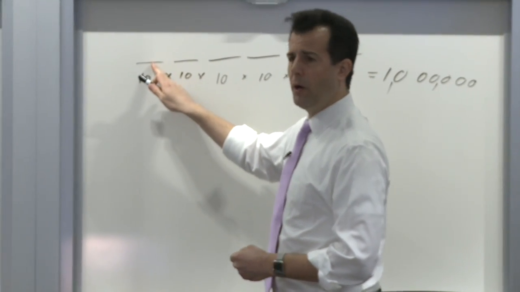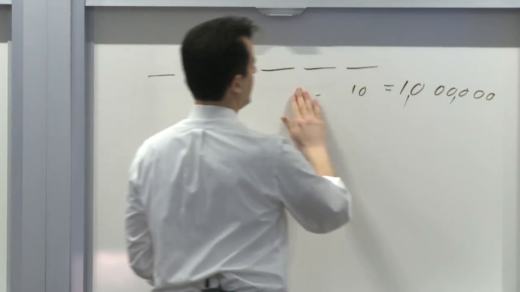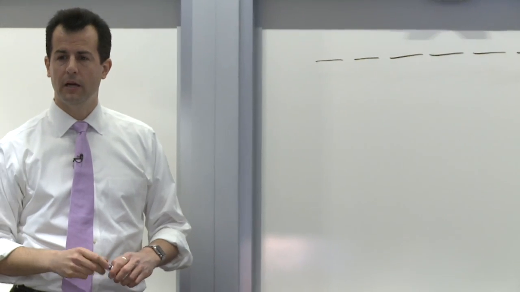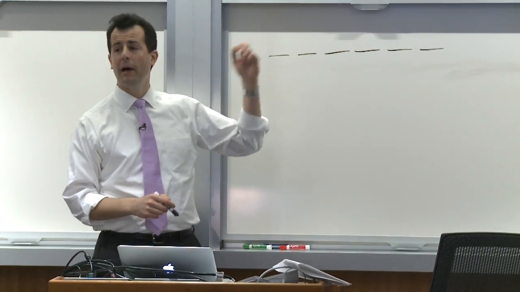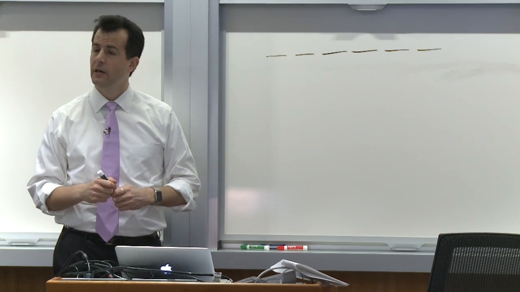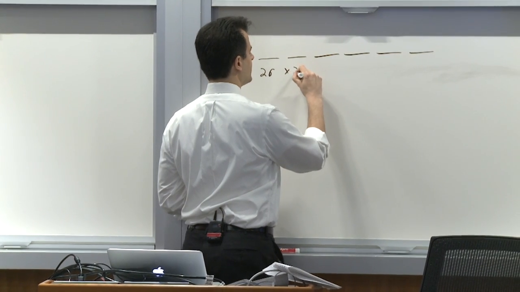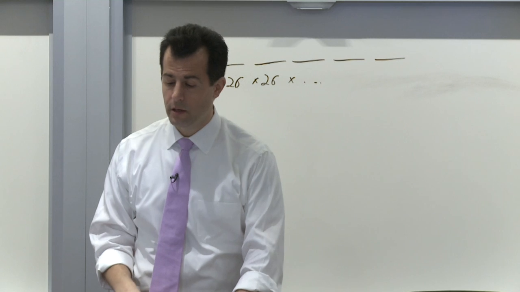Well, instead of 10 possibilities, why don't we just get more clever, and instead of using 10 digits, 0 through 9, how else could we make a 6-symbol passcode more secure? What did you propose? Letters. So instead of digits, why don't we just do letters, like 26 times 26 times 26? And wow, this is actually getting pretty big fast.